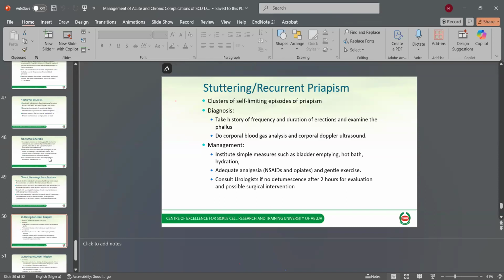Management includes instituting simple measures such as bladder emptying, hot bath, hydration, adequate analgesia, which could be non-steroidal anti-inflammatory agents or opiates, and gentle exercise. Consult urologists if no detumescence after 2 hours for evaluation and possible surgical intervention.